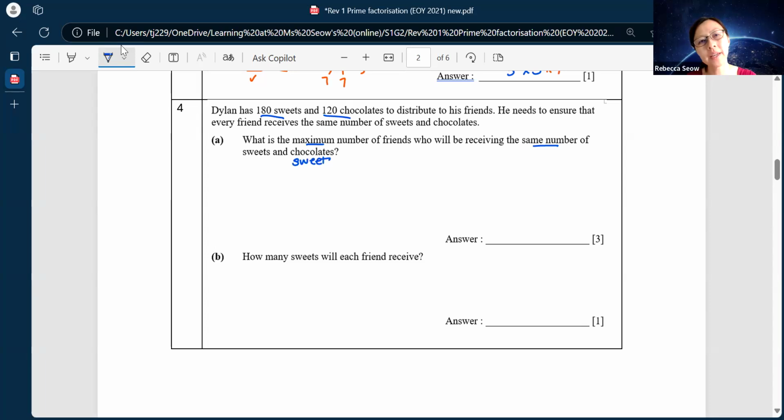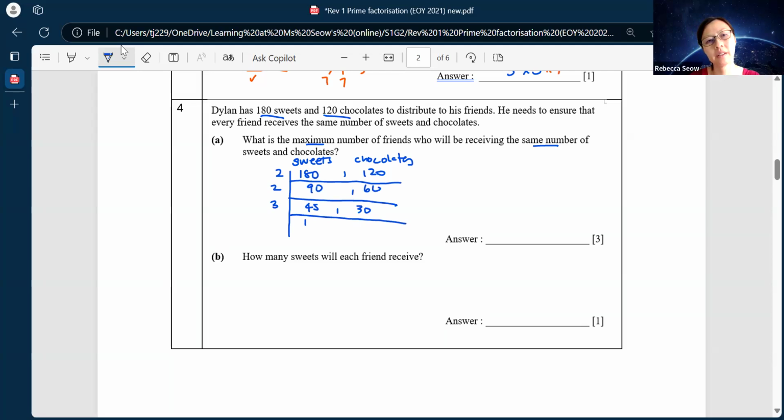So let's do it this way. I'm going to label it first. Okay, and let's find HCF. Okay, so HCF will give you the total number of friends at the max.